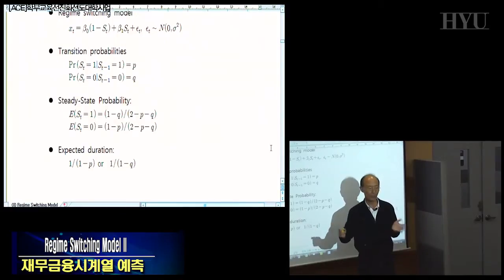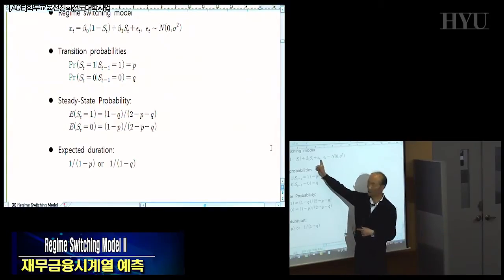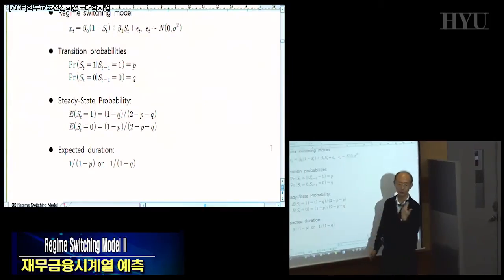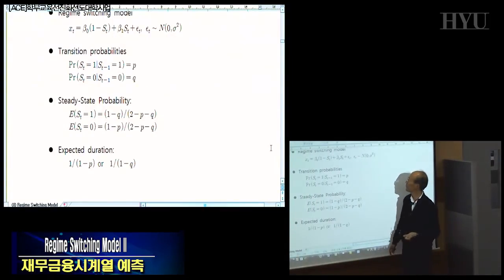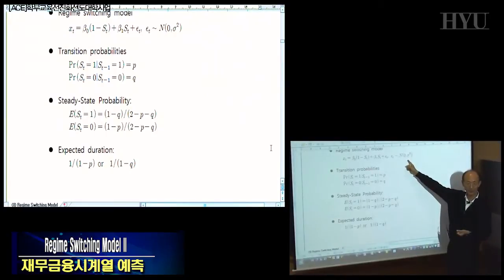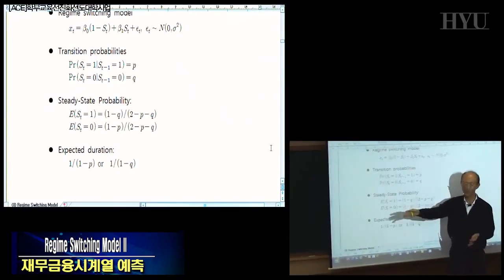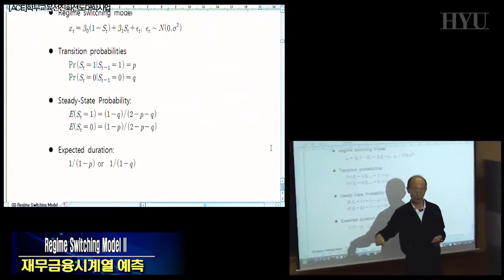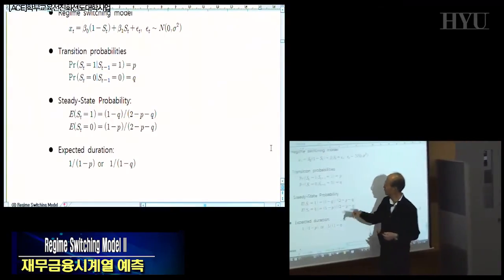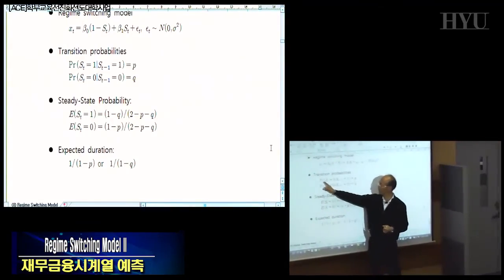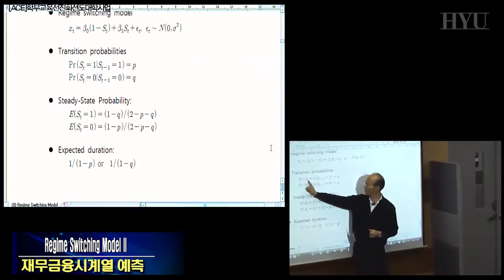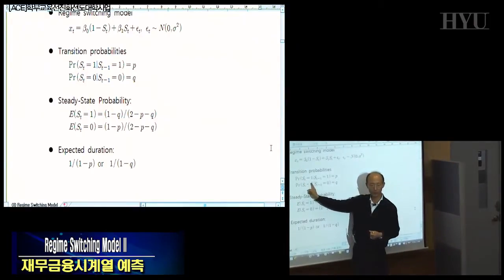Because GNP or GDP are published every quarter, this is quarterly data, and he found some serial correlation of lags up to 4, and he assumed this one is constant. And then he estimated the model and calculated the probability that the current state belongs to either 1 or 0.